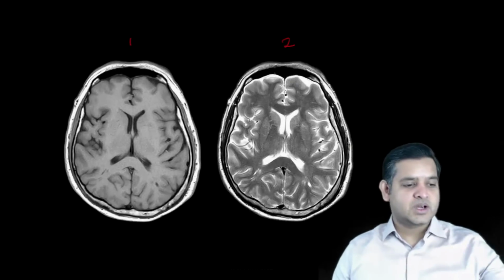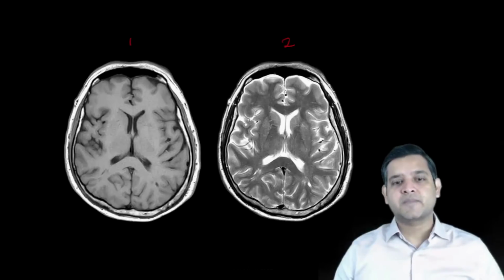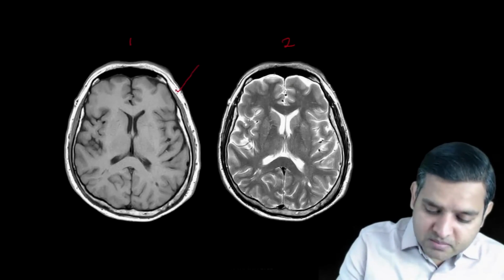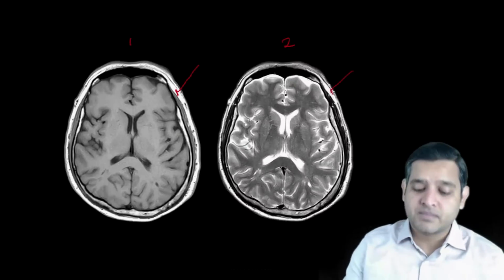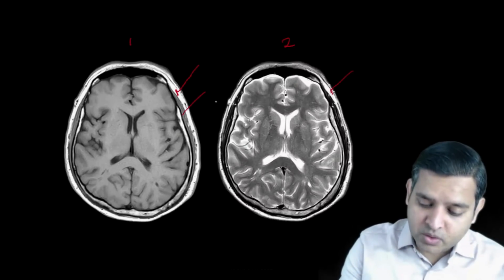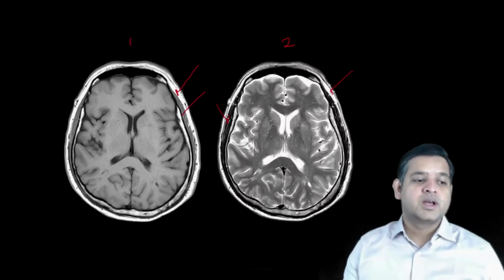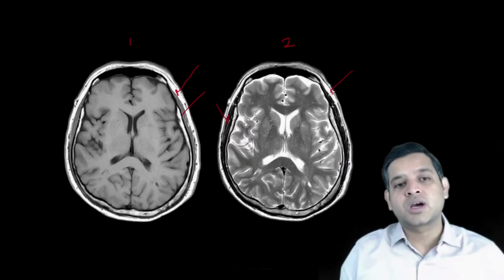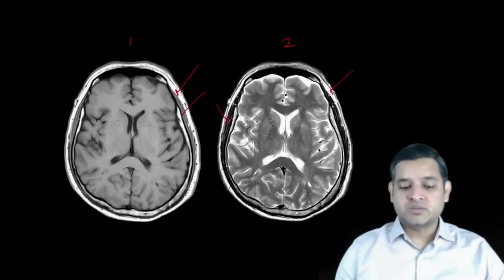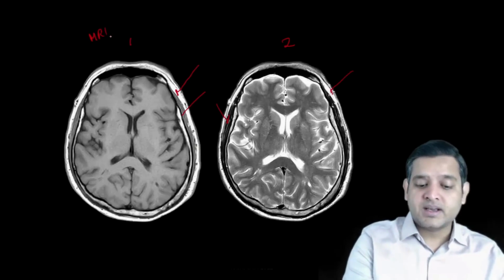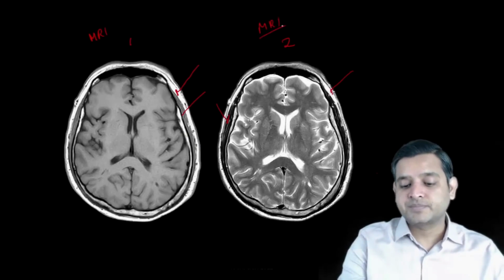Again, do not mix it up. This is scalp. This is cortical bone. And in both the images, cortical bone is not white but black. And if the cortical bone is black, this is an MRI and this is also an MRI.